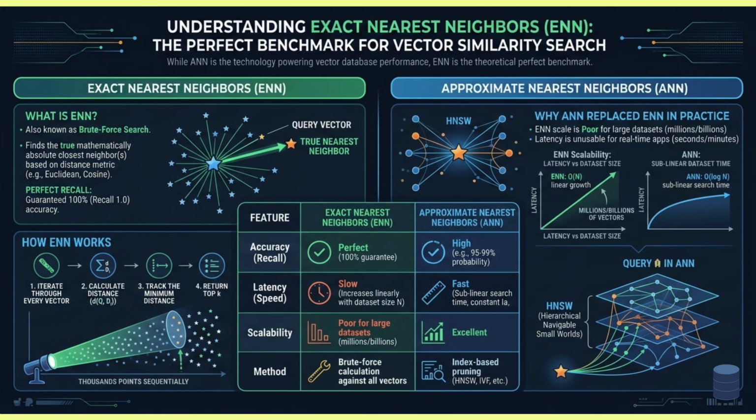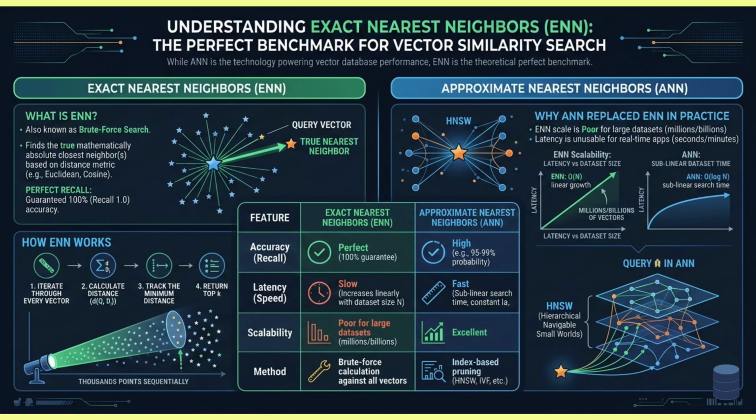While approximate nearest neighbors is the technology that powers the performance of vector databases, it's essential to understand exact nearest neighbors, as it represents the theoretical perfect benchmark for vector similarity search. ENN, also known as brute force search, is the process of finding the true nearest neighbors to a query vector within a dataset.